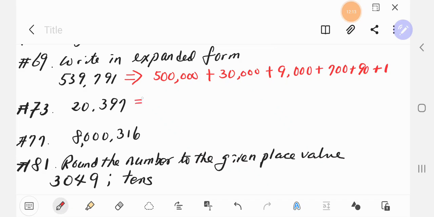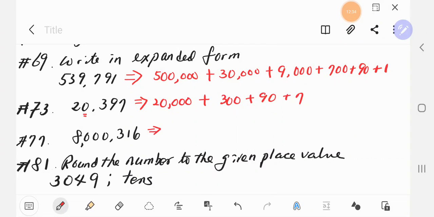Okay, number 73, 20,000, so write down 20,000 plus, for this 0 you don't have to write anything, and then 397, so 300, so write down 300 plus 97, so write down 90 plus 7.